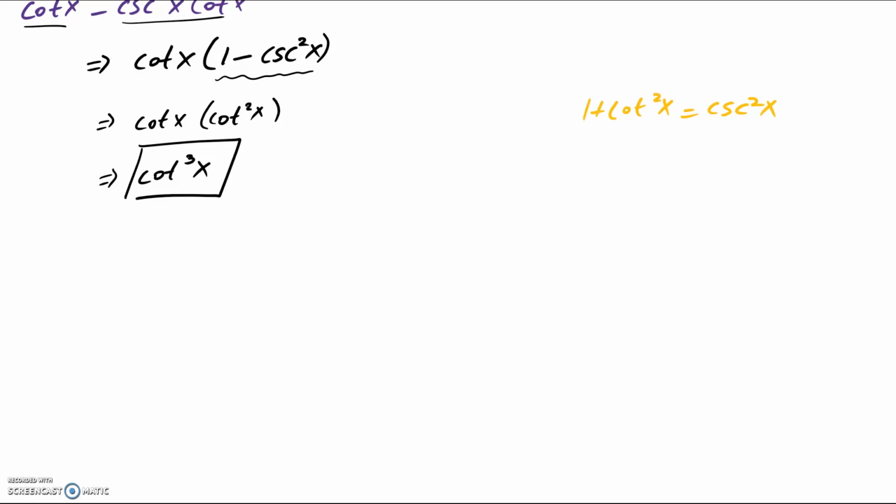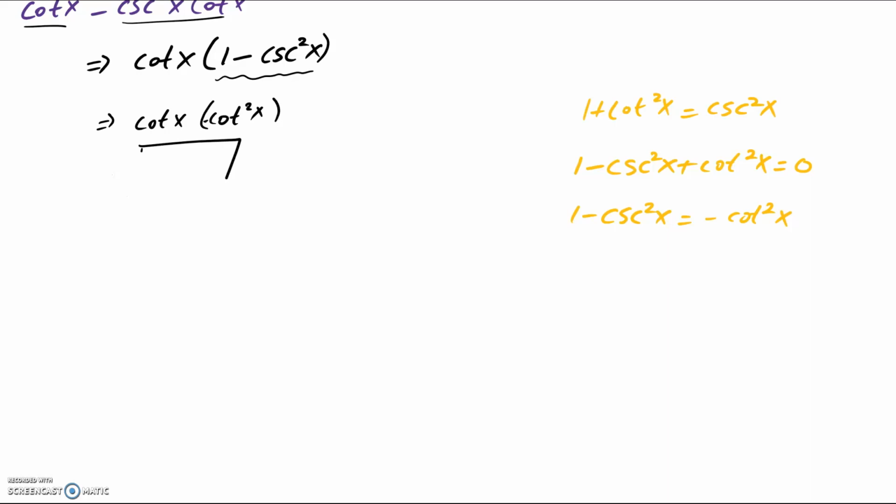If you rearrange, it's going to be 1 minus cosecant squared x plus cot squared x equals 0, and 1 minus cosecant squared x equals minus cot squared x. It means we have a minus here, and the final answer will have minus cot squared x. I will write it down properly. You will have minus cot cubed x. Okay, that is the final answer we have for this question.